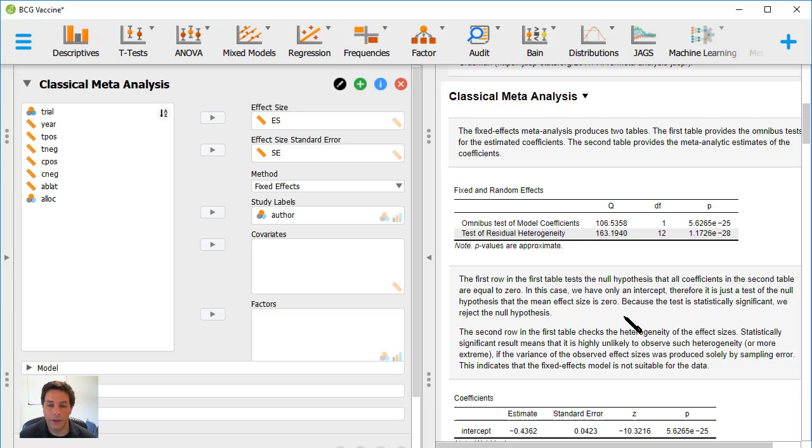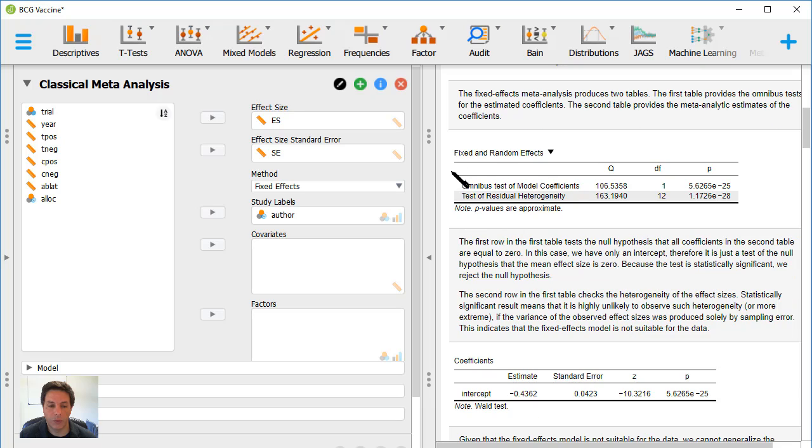Okay, so the first part of the analysis, when we run it, what we get is this table that first does an omnibus test of the model coefficients. Basically, this is testing whether the sample of effect sizes that we have comes from a population in which the effect size is 0.